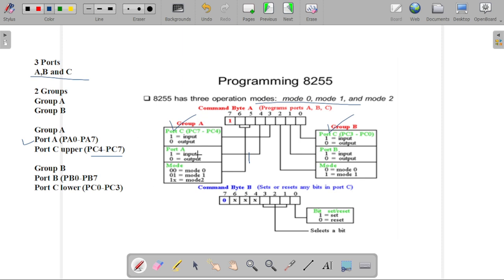So this is the part for our group A. In group B, we are considering port B and the lower part of port C, that is PC0 to PC3.